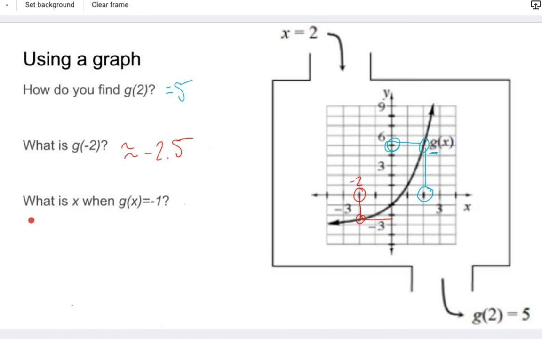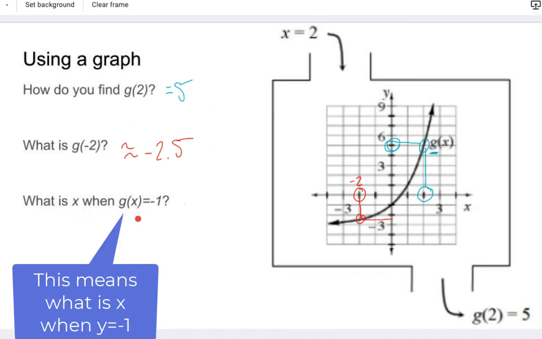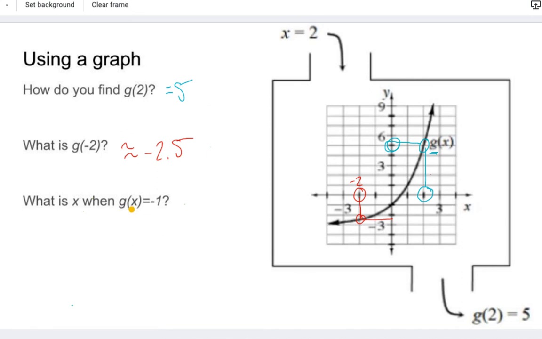Just like the last slide, when we tried to figure out what the x value is from a y number, we can do that here as well. Remember, g of x is just another way of saying y. So they're saying y equals negative 1. Well, negative 1 is right here. It's on the graph.